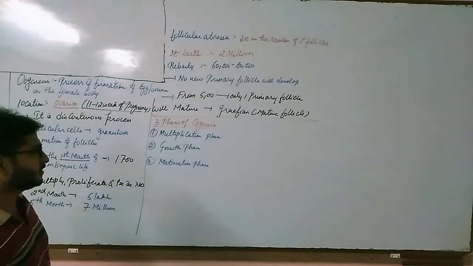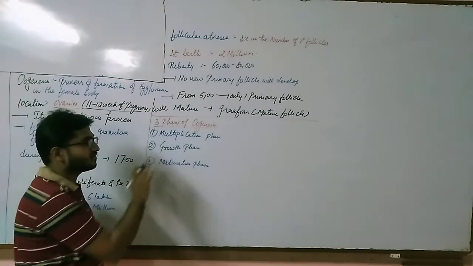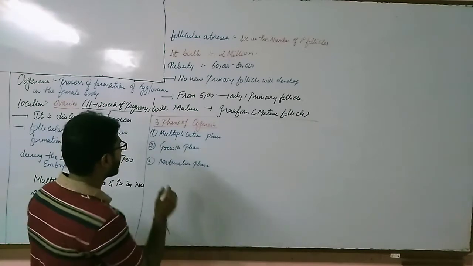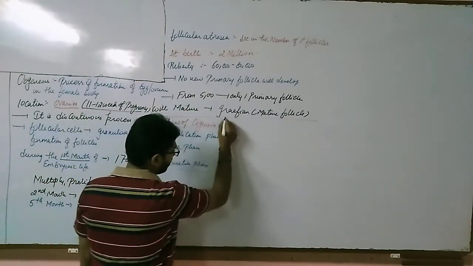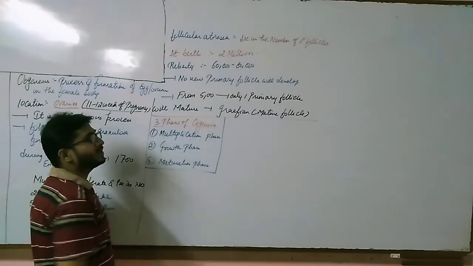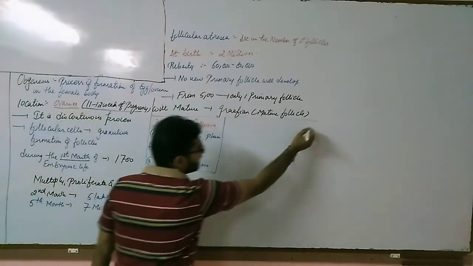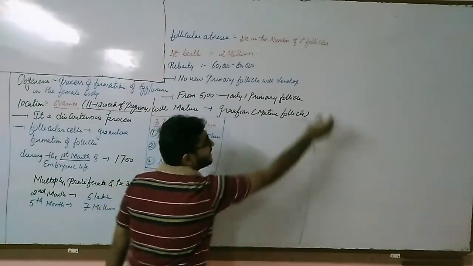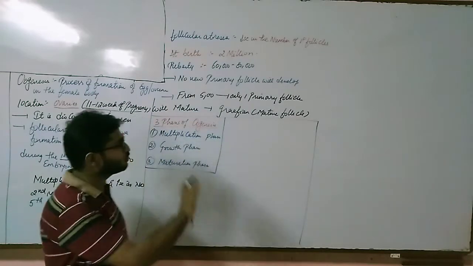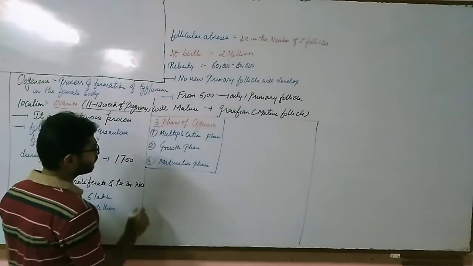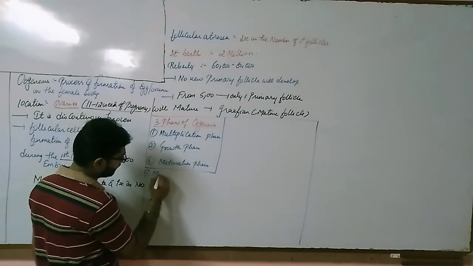Let us start the three phases of oogenesis one by one in detail. So the first step, that is the multiplication phase. Now this segment will be reserved for theory, and in this area the diagrams pertaining to oogenesis will be drawn. So the first phase is the multiplication phase.